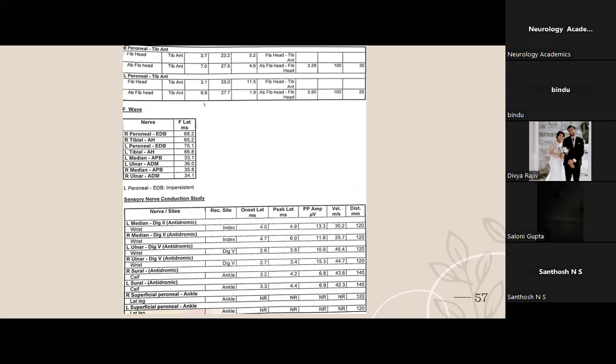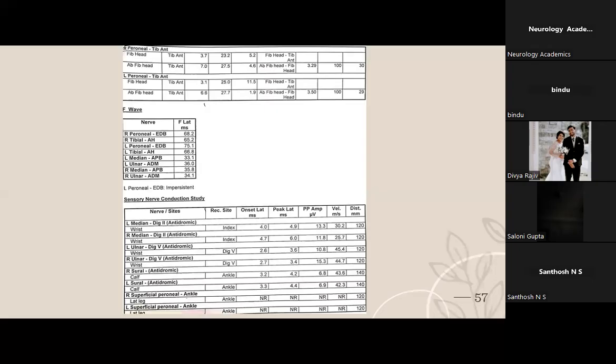Final diagnosis is peroneal neuropathy at the fibular neck along with polyneuropathy, demyelinating, but not in the demyelinating range. Etiology. Previously in 2009, he had done this NCS for this paresthesia.